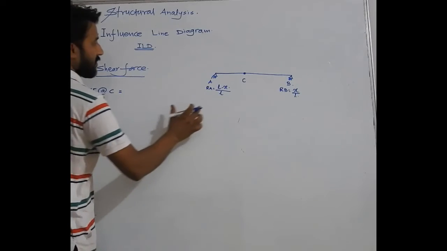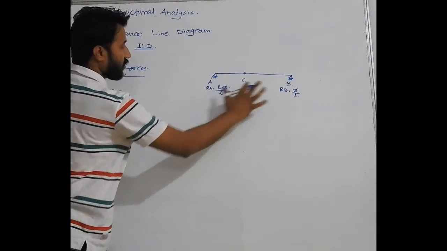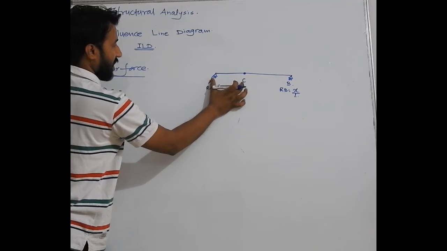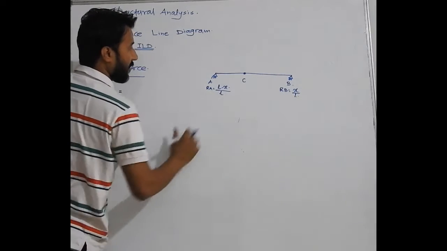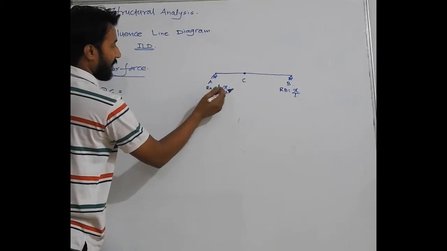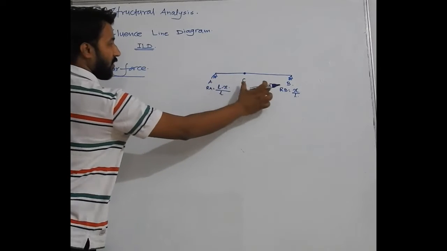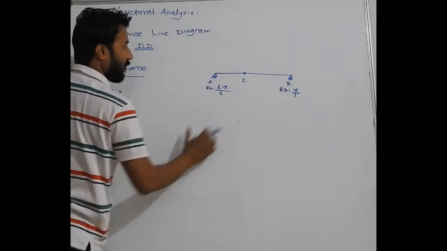We will consider this AC section. So this whole beam is divided into two parts. The first part is AC and the other part is CB. So there will be two conditions: either that 1 kilonewton load will be acting in the AC portion or in the CB portion.